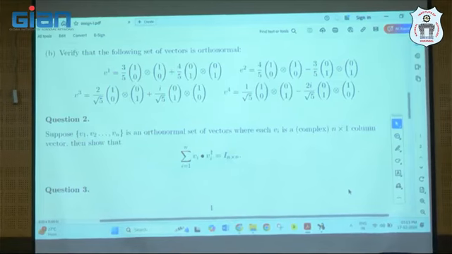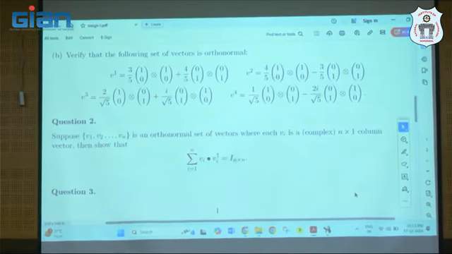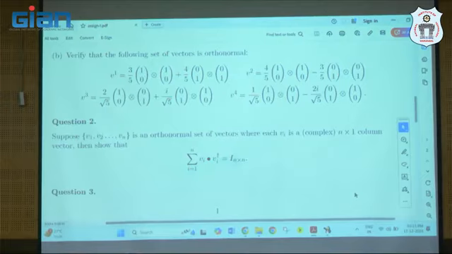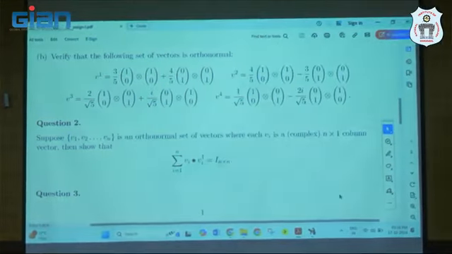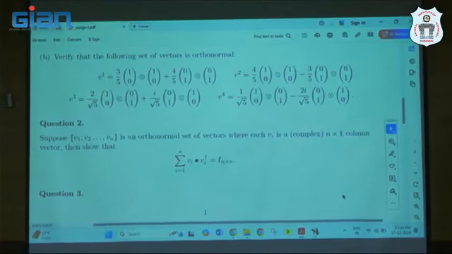Verify that the following set of vectors is orthonormal. Okay, how are we going to do this? Anybody? Yes?